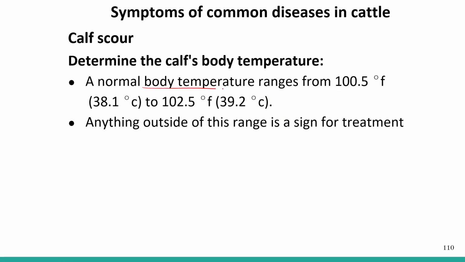A normal body temperature ranges from 102.5 degrees Fahrenheit, that is 39.2 degrees centigrade, to 105 degrees Fahrenheit, that is 38.1 degrees centigrade. Anything outside this range is a sign for treatment.